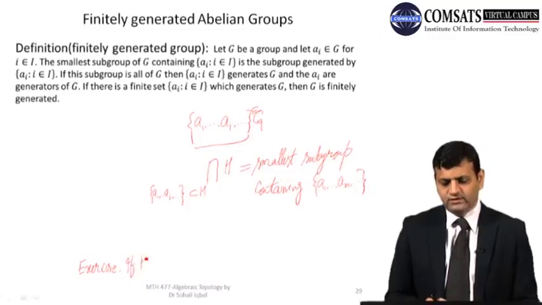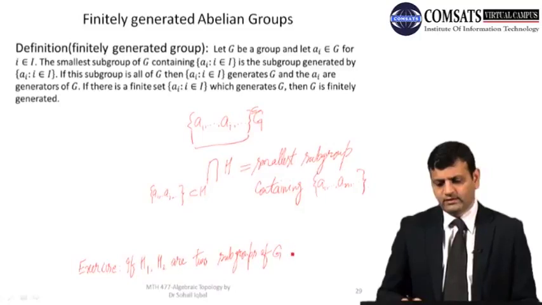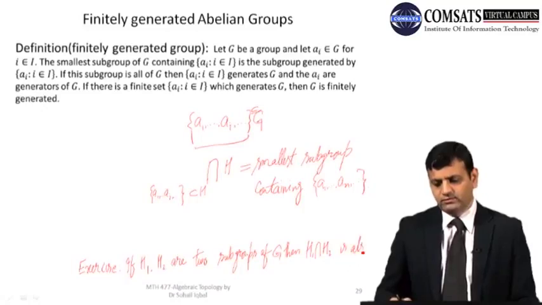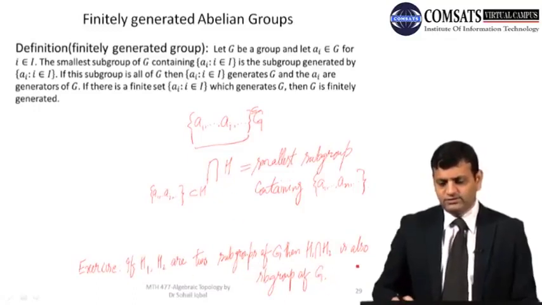So if H1, H2 are two subgroups of G, then H1 intersection H2 is also a subgroup of G. So this is true.